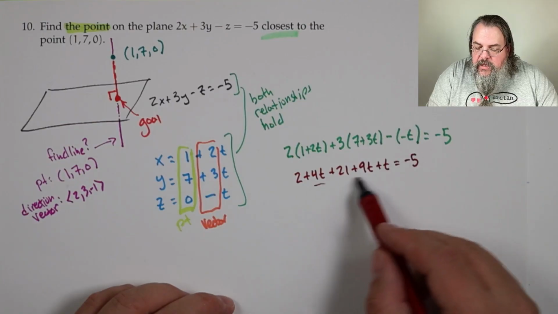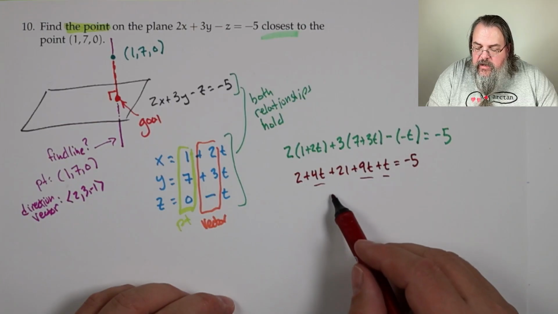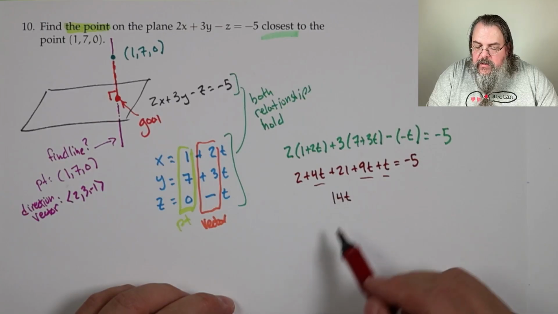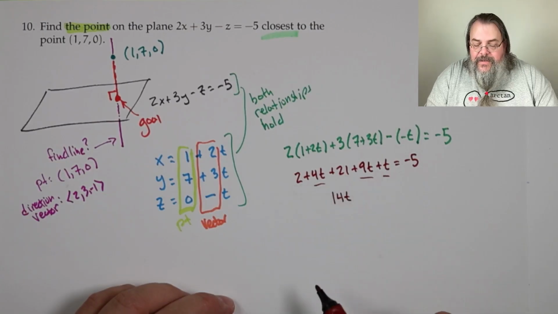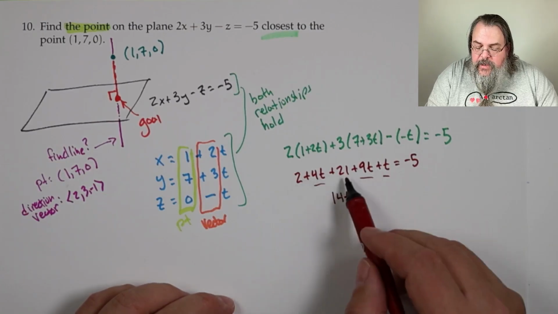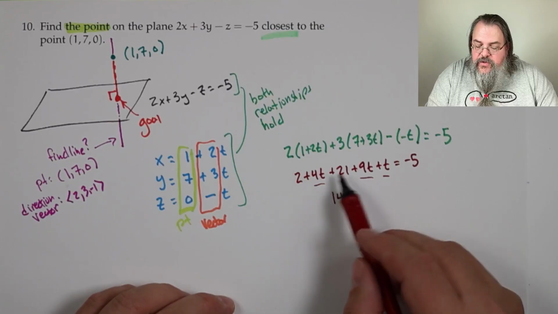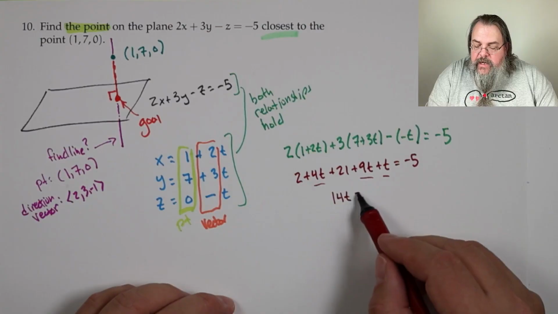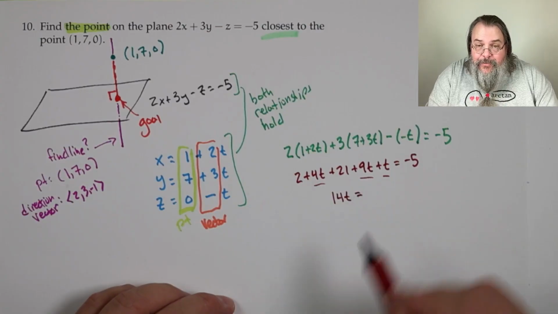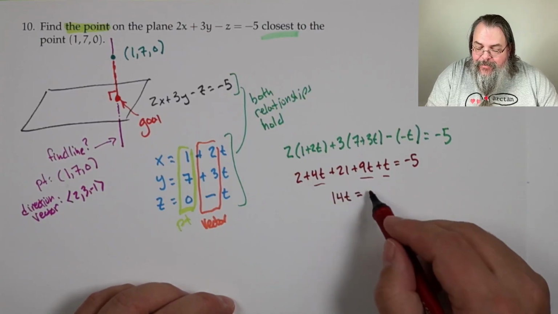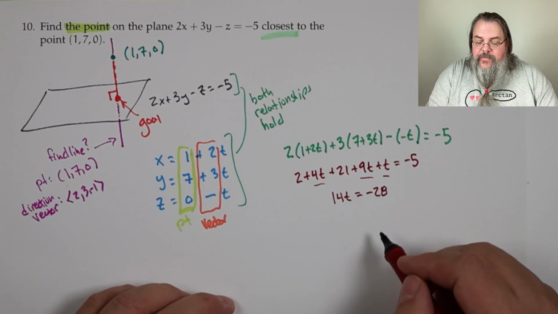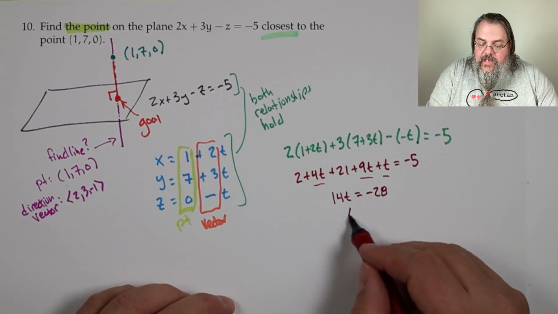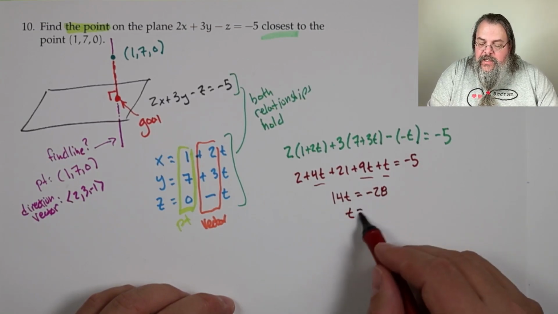Okay, 4t and 9t and t all together make 14t, right? 4 plus 9 plus 1. 2 plus 21, that would be 23. Now we're going to subtract 23. -5 minus 23 is -28. And so we get t, we can divide by 14, is -2.